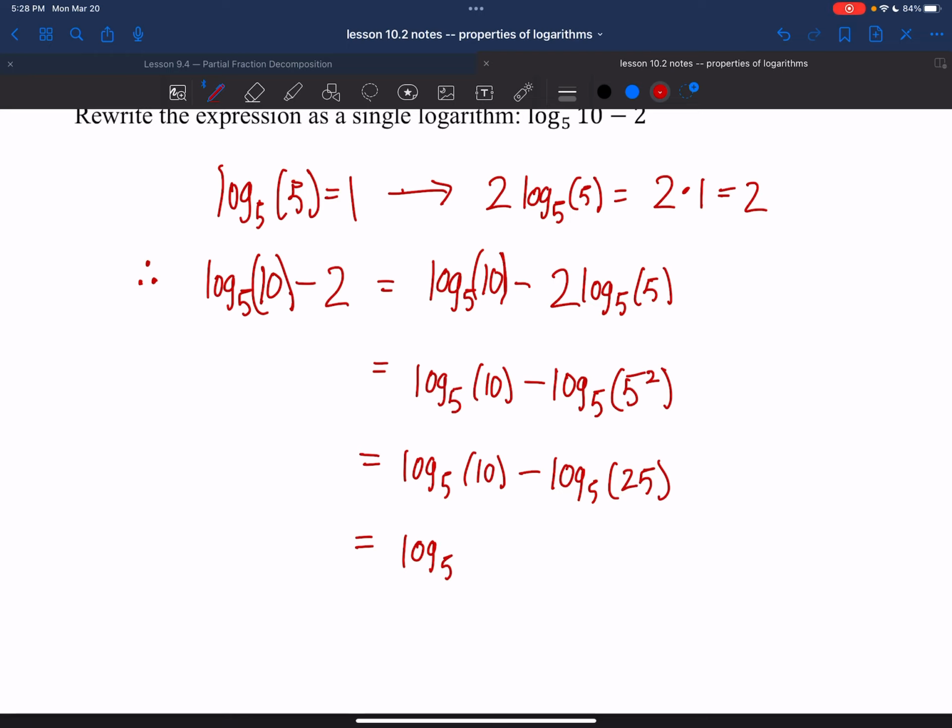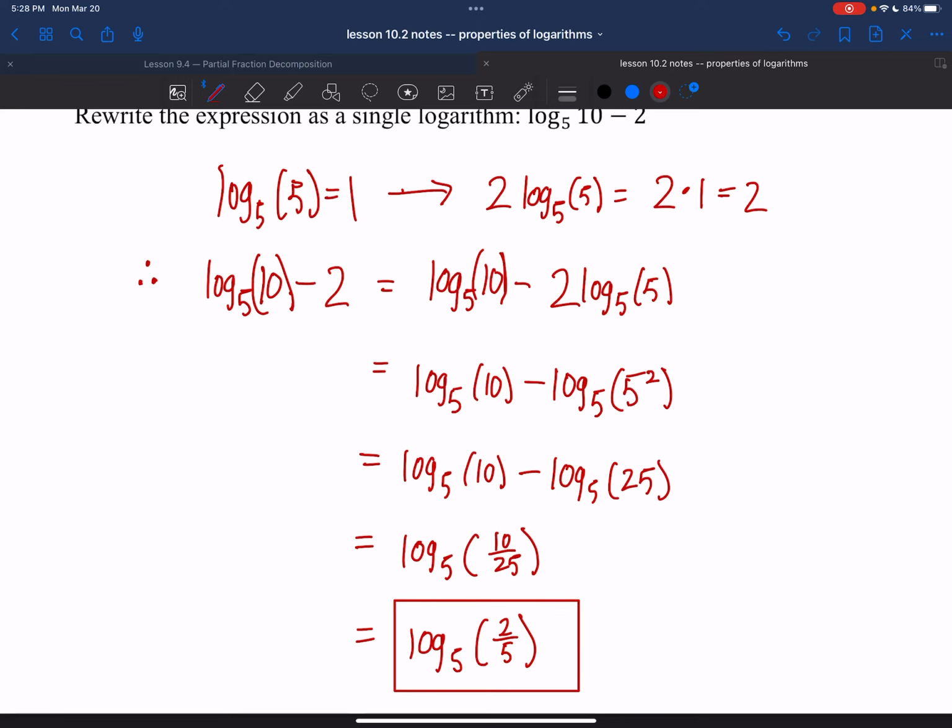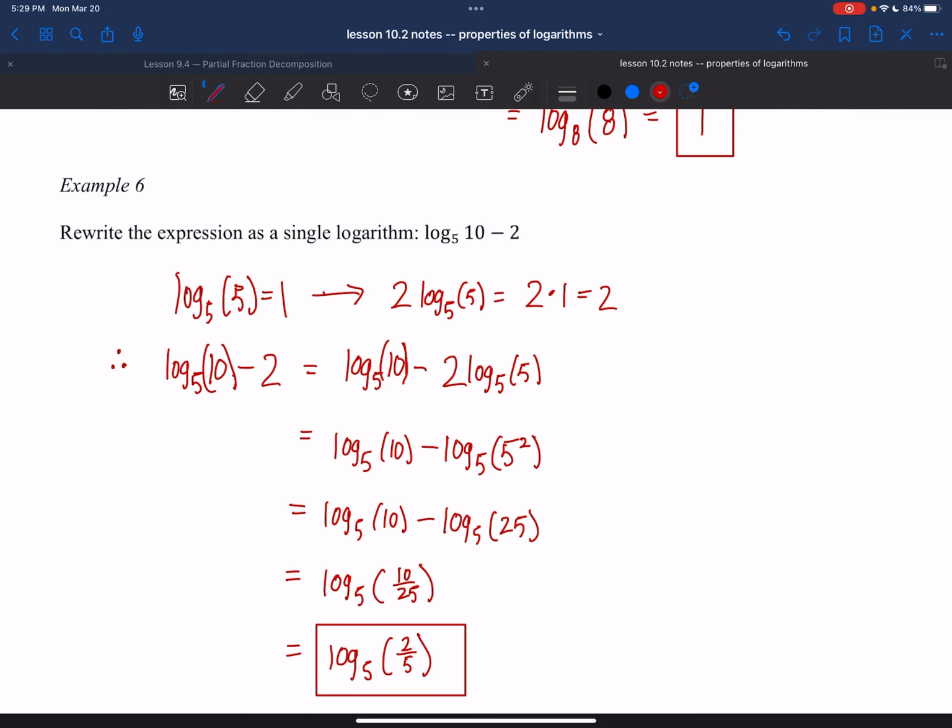That's log base 5 of 10 divided by 25. Which, of course, 10 divided by 25 is 2/5. And that is a nice single logarithmic expression. I'm going to box that. All right. And so I've combined log base 5 of 10 minus 2. This is actually equivalent to log base 5 of 2/5.